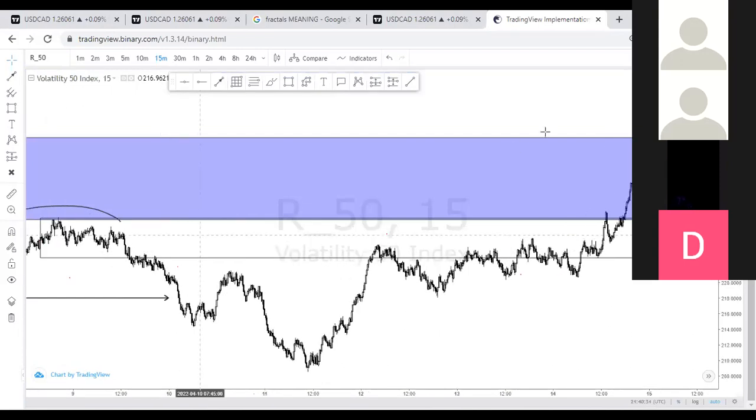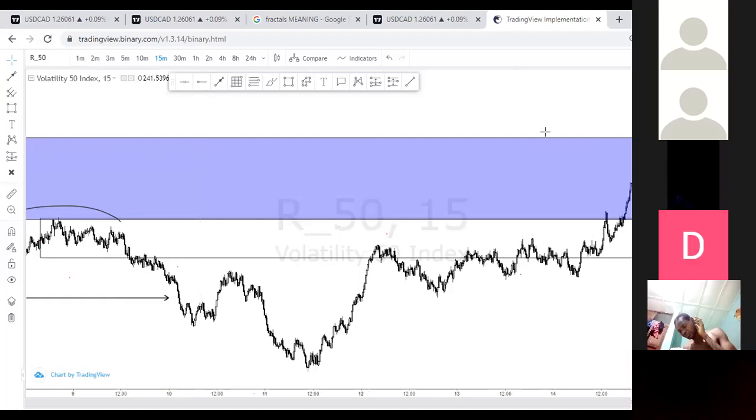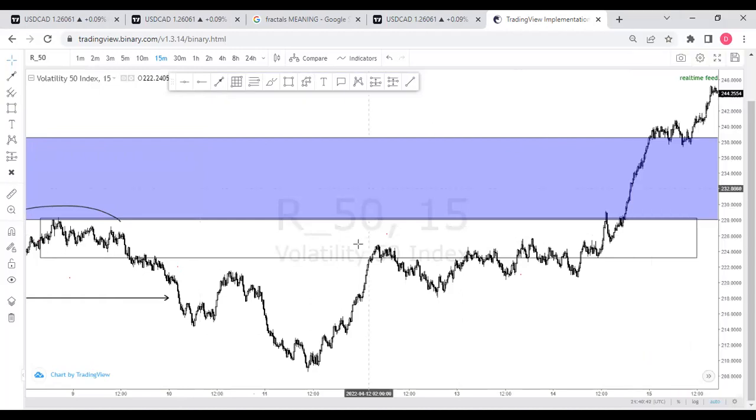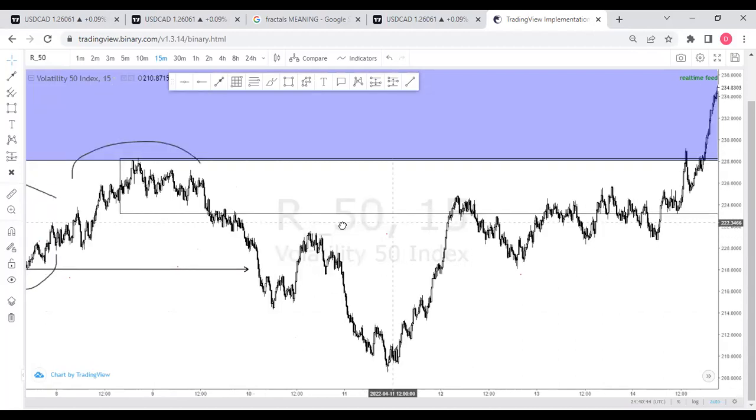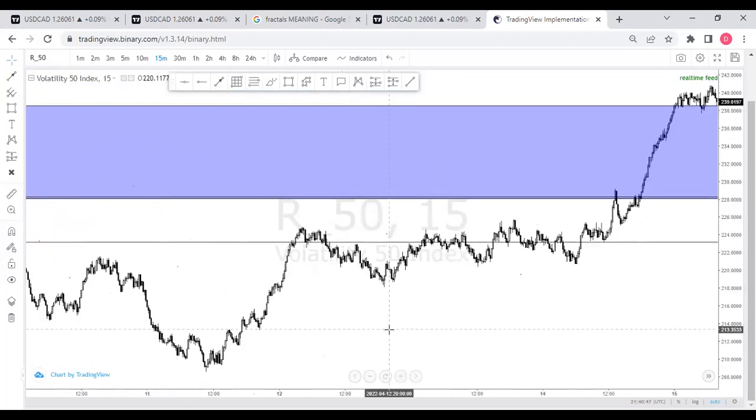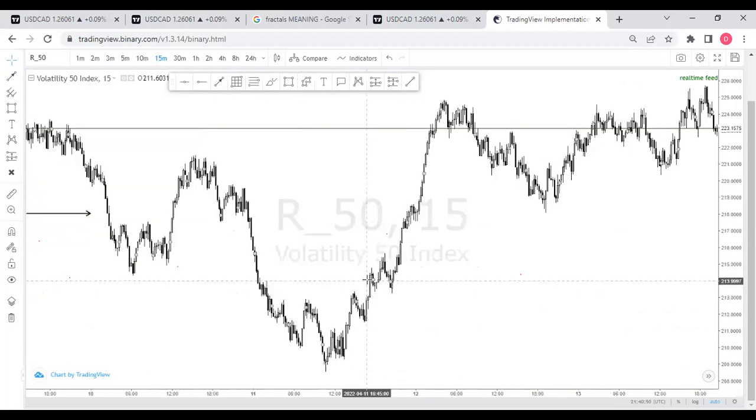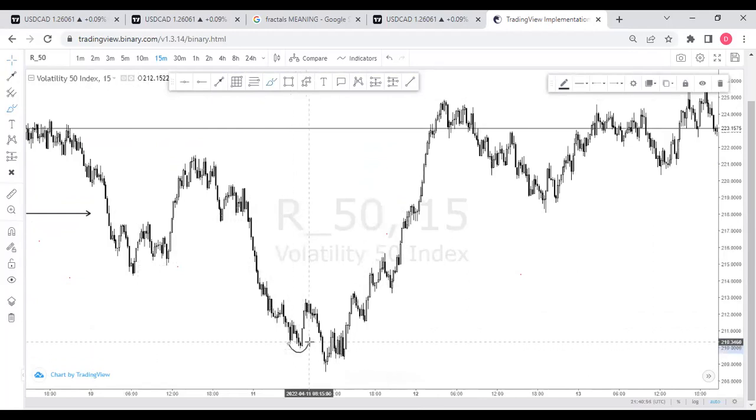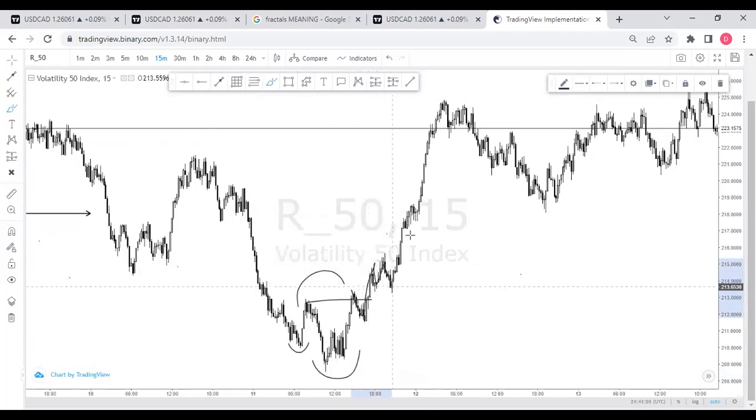Okay, now can you see what I said, guys? Look at it here. After price broke structure, what happened? Lower low, lower high, lower low, closed above, but did the price come back? No. What did it do? Kept on going in that bullish structure. Do you see it now? Kept on going in that bullish structure.